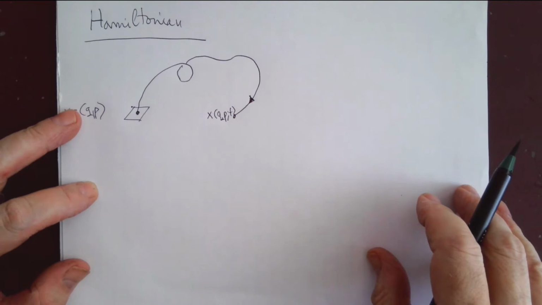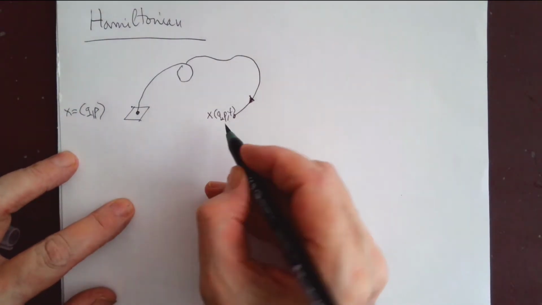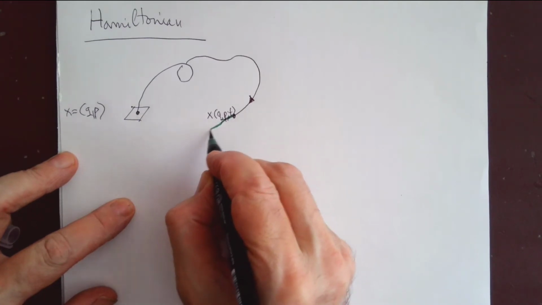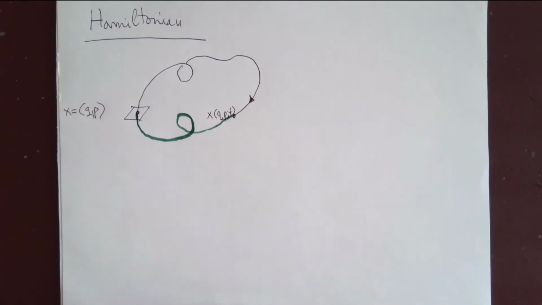Now, if you're a little bit more sophisticated, we tell you that actually we need to find a very special kind of orbits.